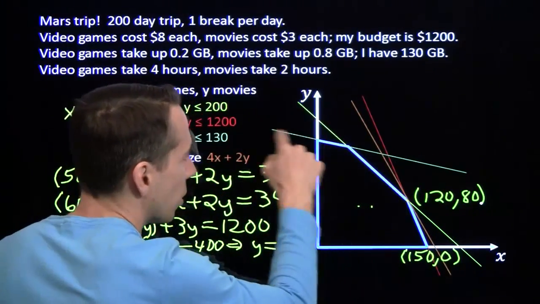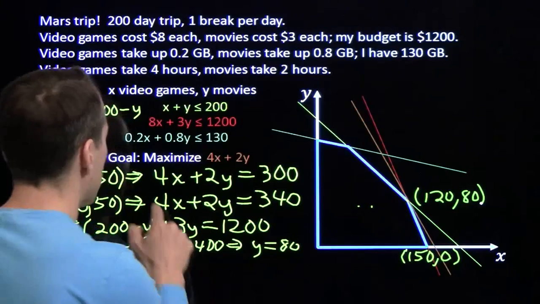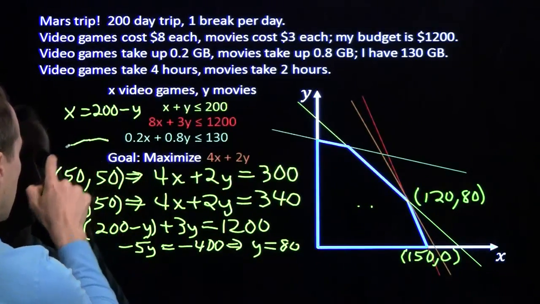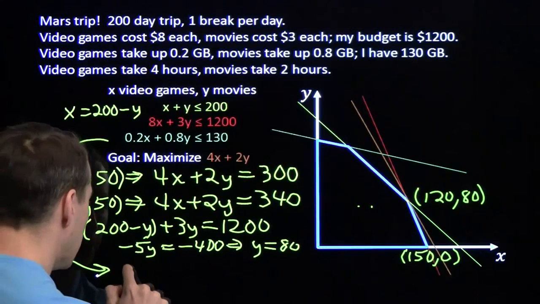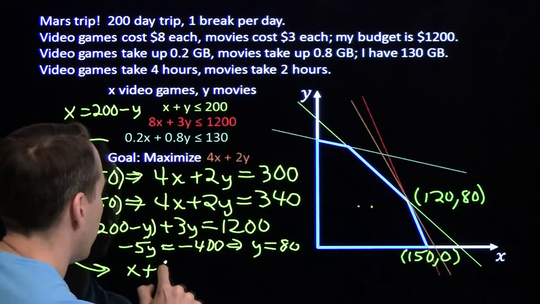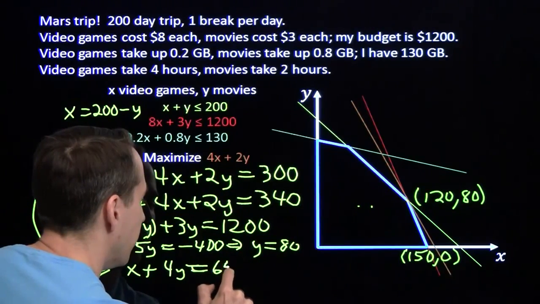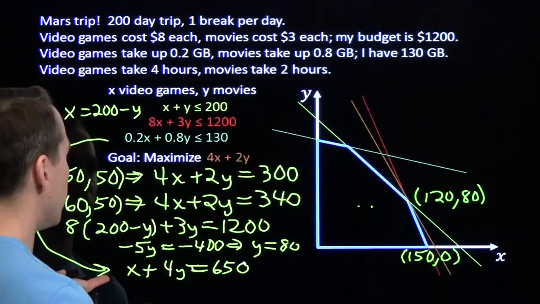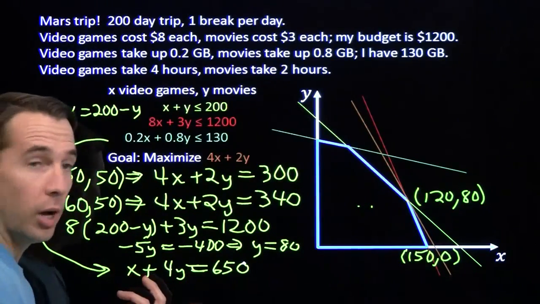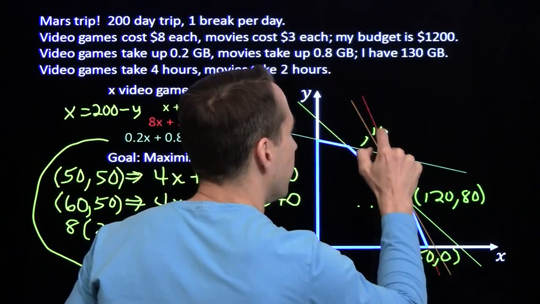Here's the next corner, the corner where the yellow intersects the green. Yikes. So what I'll do first with the green, multiply through by 5 because those decimals kind of freak me out, and I'll get x plus 4y equals 650. Now if I take this and subtract x plus y equals 200, I'll get 3y equals 450, so that'll tell me that y is 150.